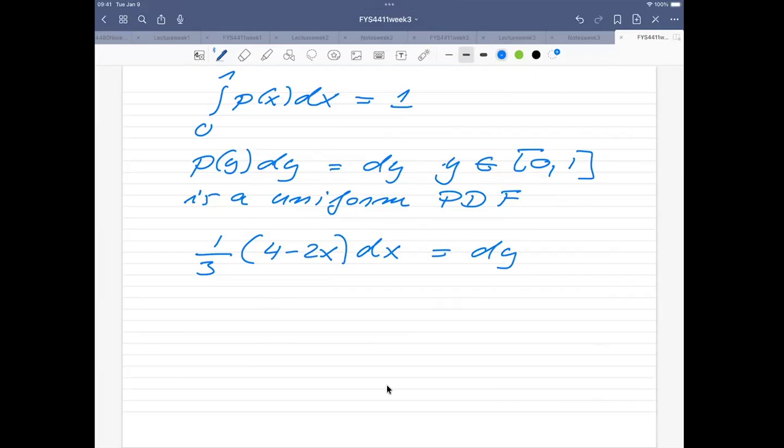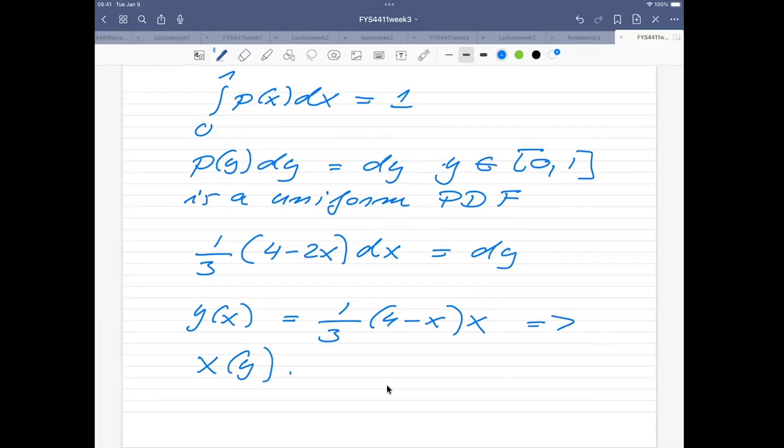I can now integrate up, and when I have integrated up, I get a new function, so I can express y of x in terms of a function which is 1/3 of (4 minus x) times x. This is my new function, but now I can invert that one to give me x of y.